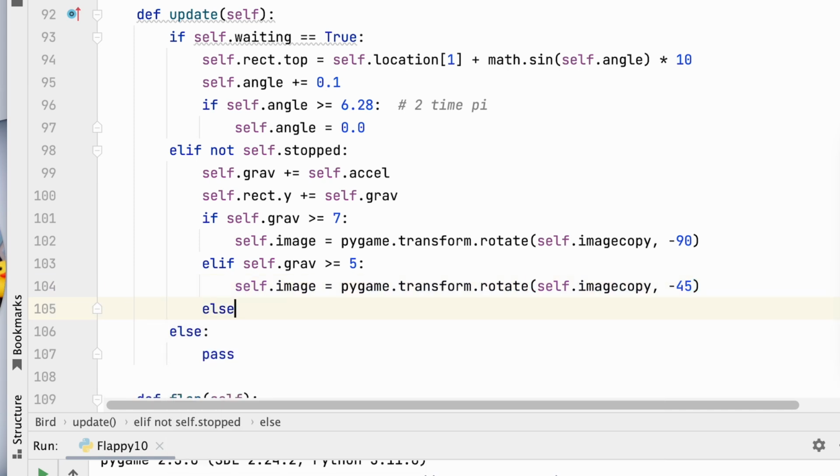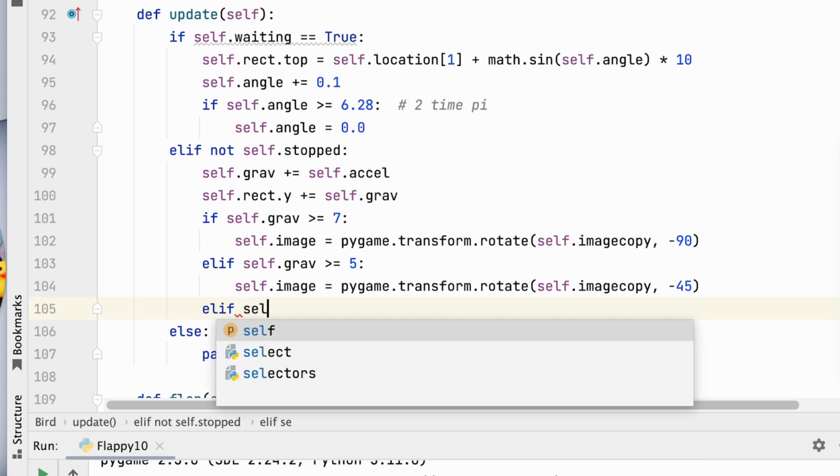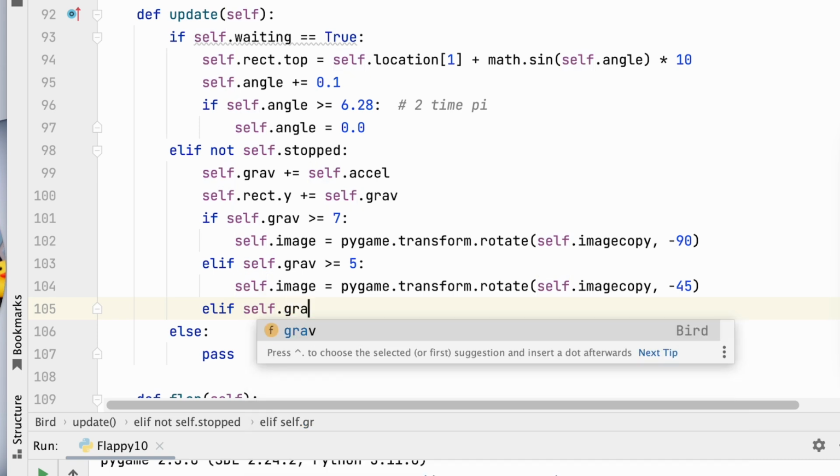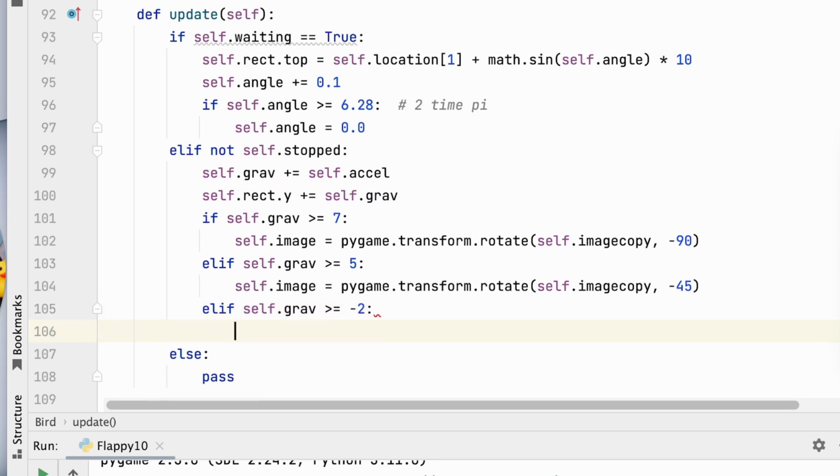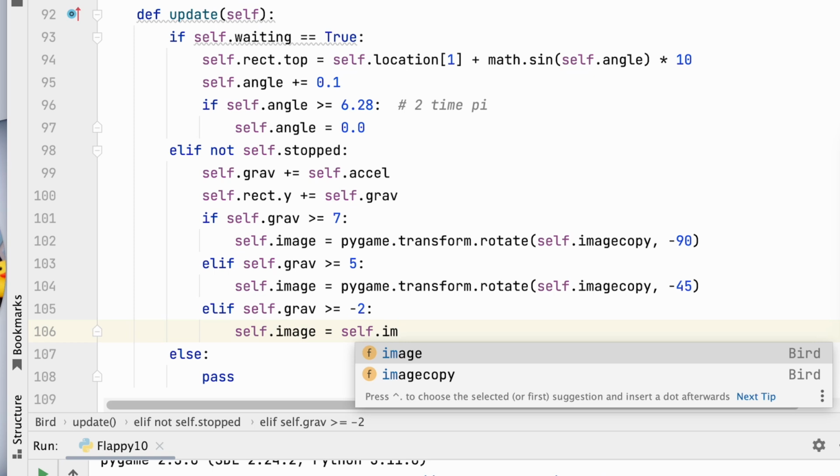And then elif self.grav is greater than or equal to minus 2, we're going to say self.image equals self.image_copy.